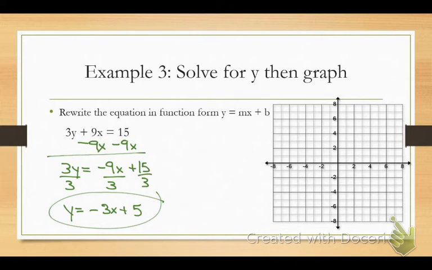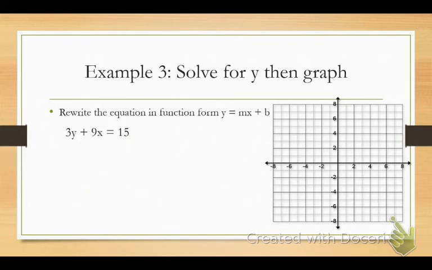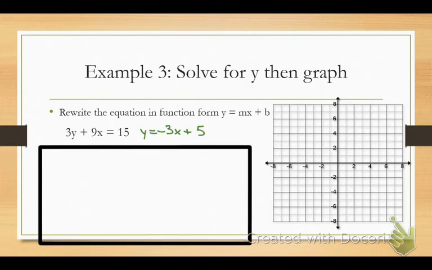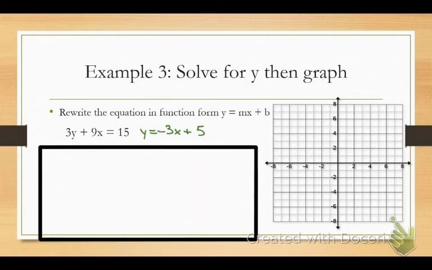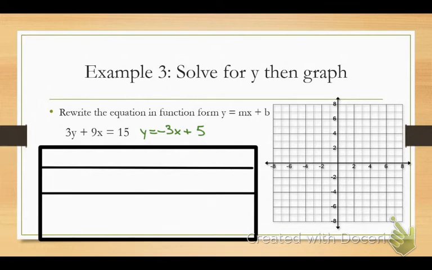So now that it's in function form, you can set up your table. All right, so let's do that. All right, let's go ahead and rewrite this, negative 3x plus 5, and let's set up our table. Remember, you need 3 x values, and you can make up whatever numbers you want, but unless there's a fraction, I really want to stay consistent and just use the same numbers, okay?